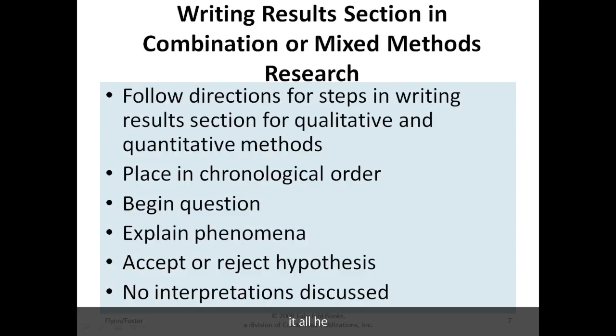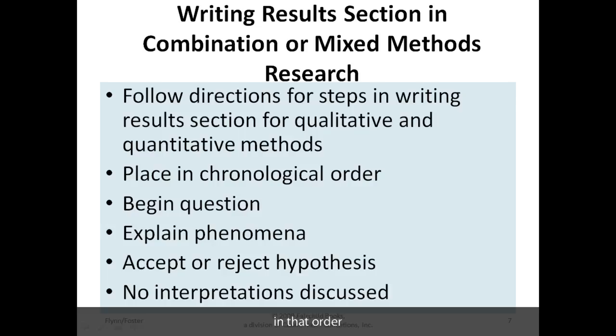Next is writing the results section using combination or mixed method. So this is how you would write the results section if you were going to do qualitative and quantitative research. First you're going to follow the directions for the steps in writing the results section for qualitative and quantitative methods. Then you're going to place it in chronological order, and then you're going to begin with your question.